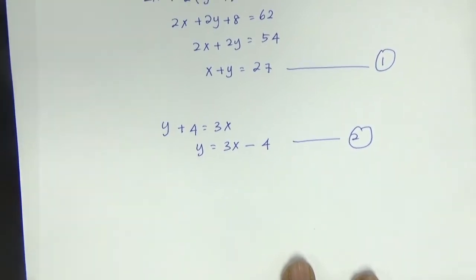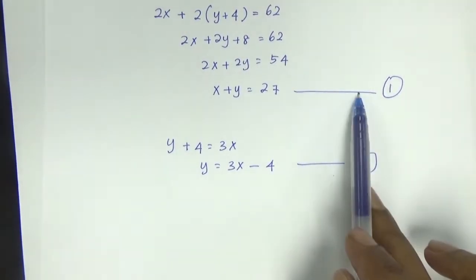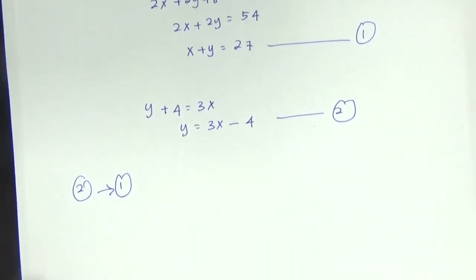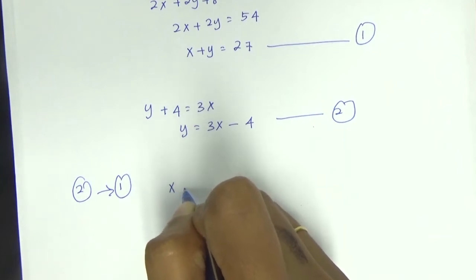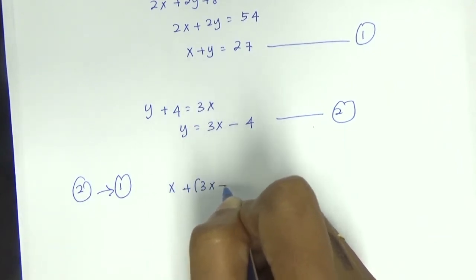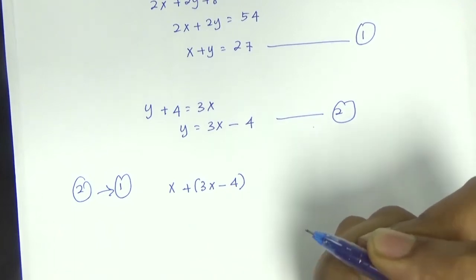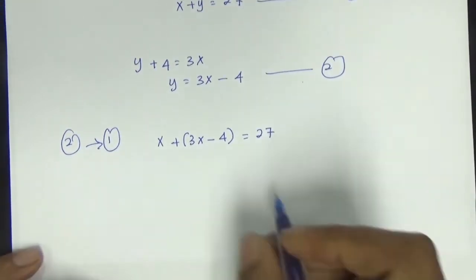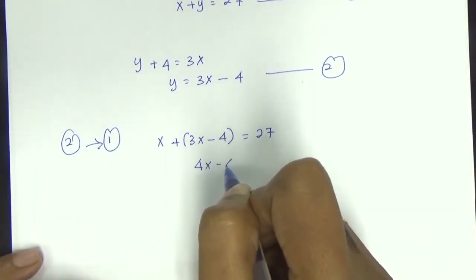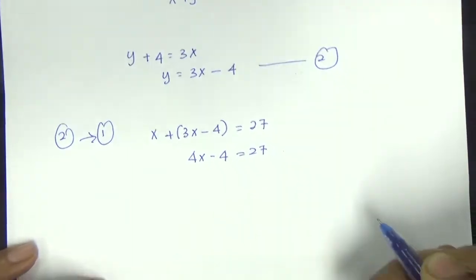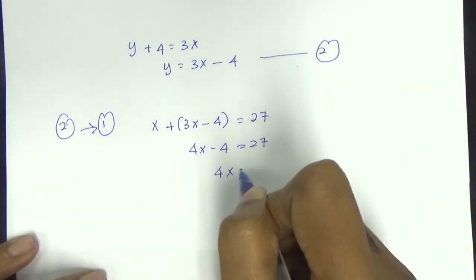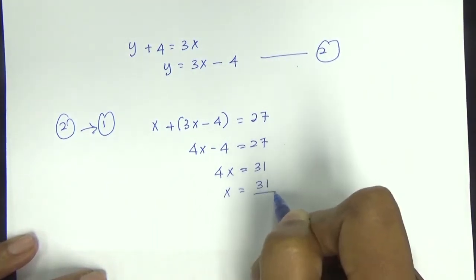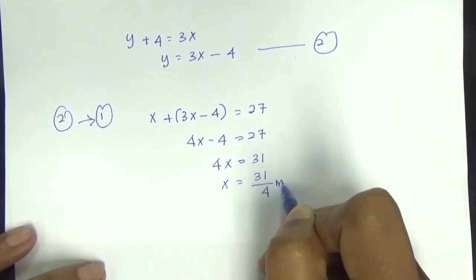Okay, now we can substitute equation 2 into the equation 1. x plus 3x minus 4 equal to 27. Okay, we can solve for x minus 4 equal to 27. 4x equal to 31. So x equal to 31 over 4 meter.